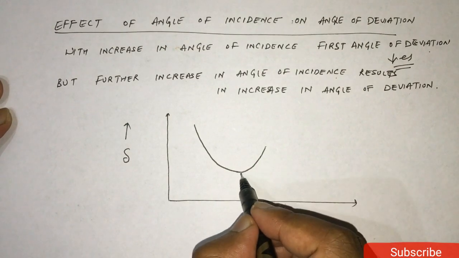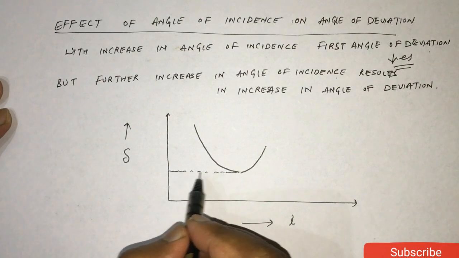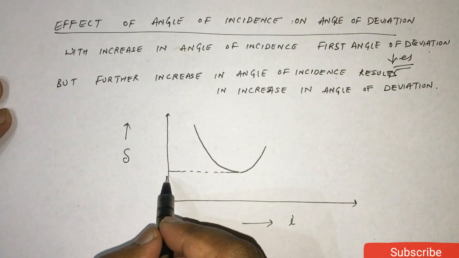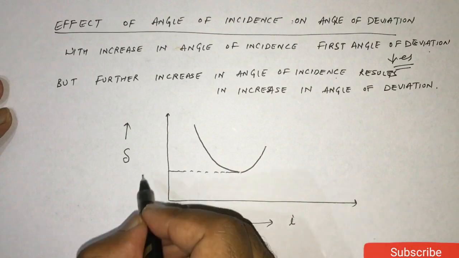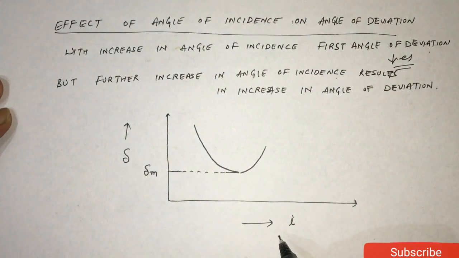So this angle which is least, or you can say minimum deviation, is known as angle of minimum deviation.